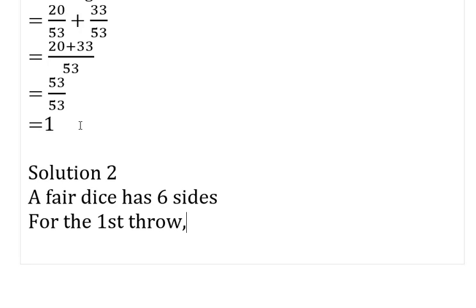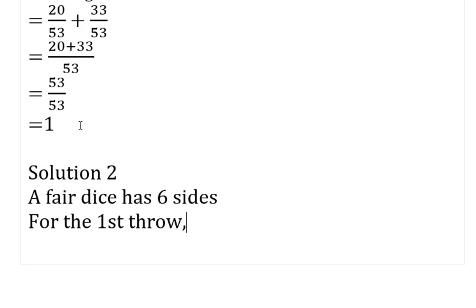Now, the probability of obtaining 4 upward is either you obtain 4, that's just once, or you obtain 5, that's just once, or you obtain 6. So the probability of obtaining 4 upward will be, since 4 appears only once and the fair die has 6 sides, that means 1/6.